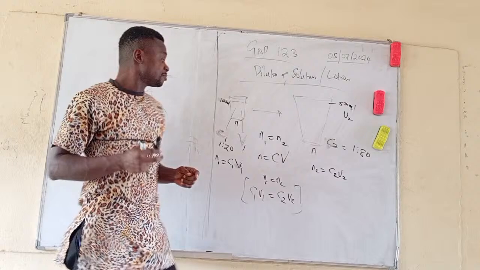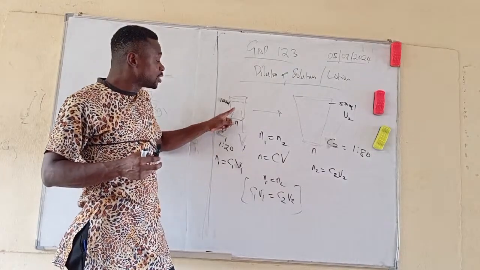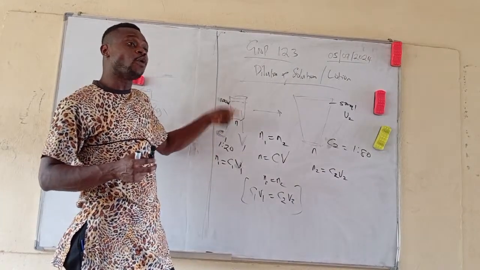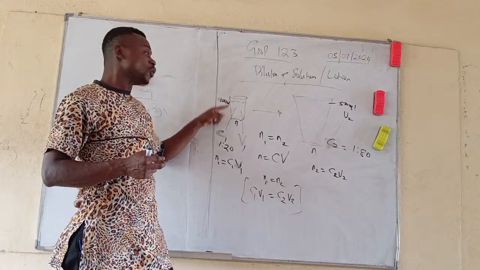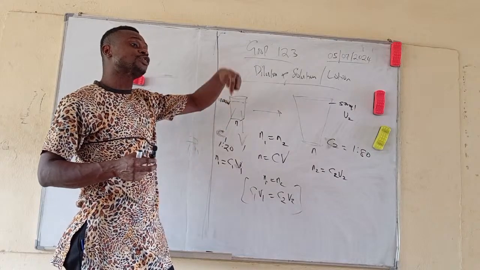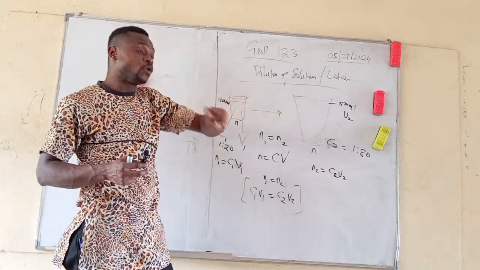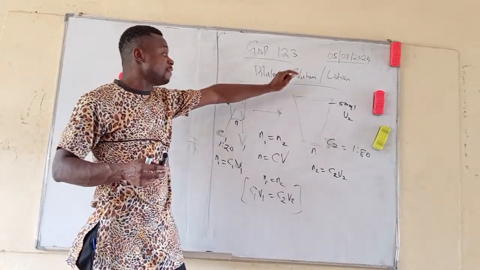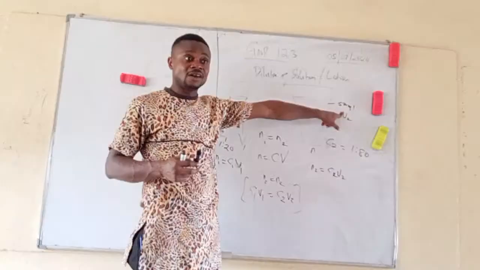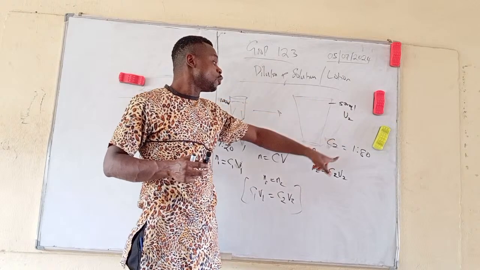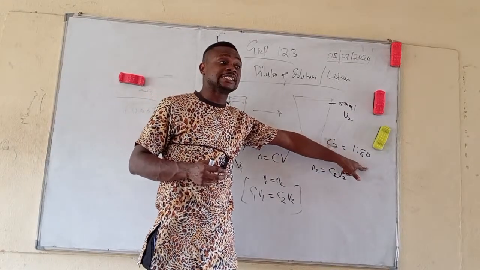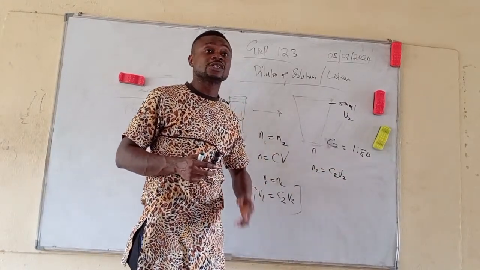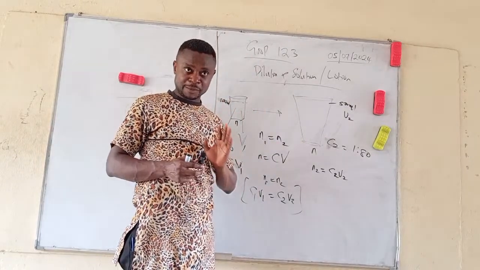You may be asked, from this stock solution, what volume of stock Lysol will you need to prepare 500 ml of Lysol solution with concentration 1 is to 80 to be used as disinfectant? Am I communicating?